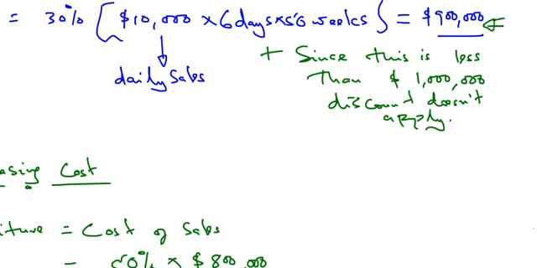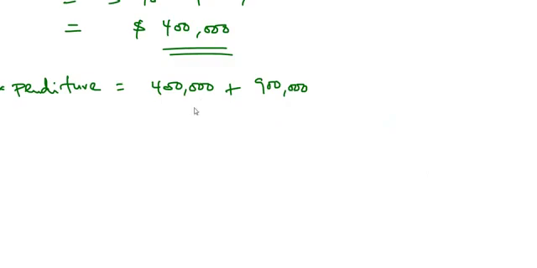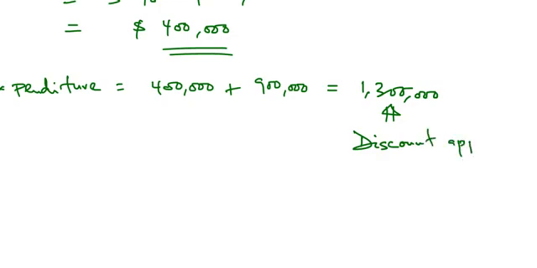Okay, so I'm trying to see if I apply for a discount. So you can see that is 1.3 million, meaning that the discount applies.